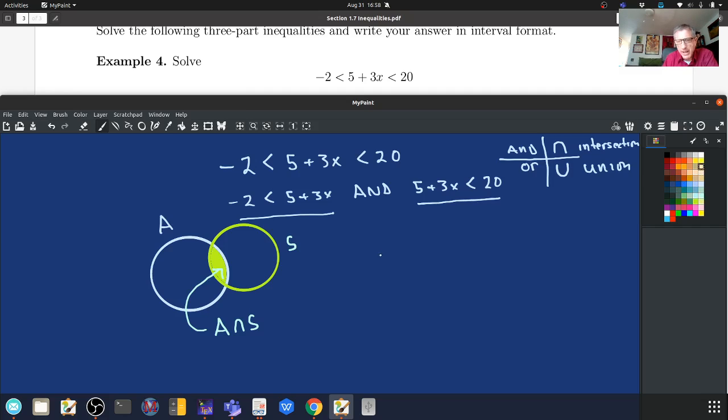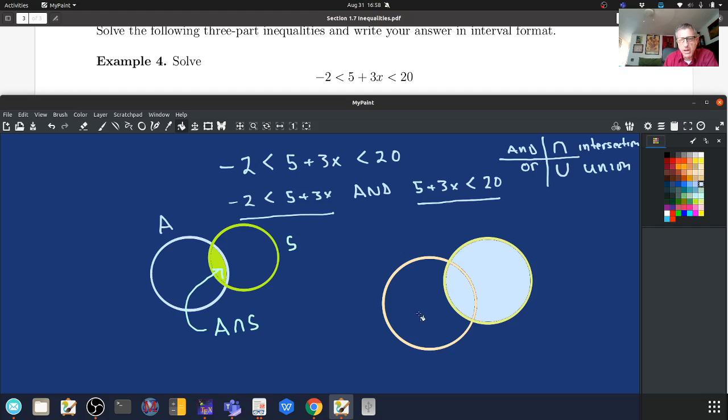Now on the other hand, if I have one set A and another set B, their union is everything in A and in B. So their union contains not only their intersection, but things not in their intersection, but in either set.